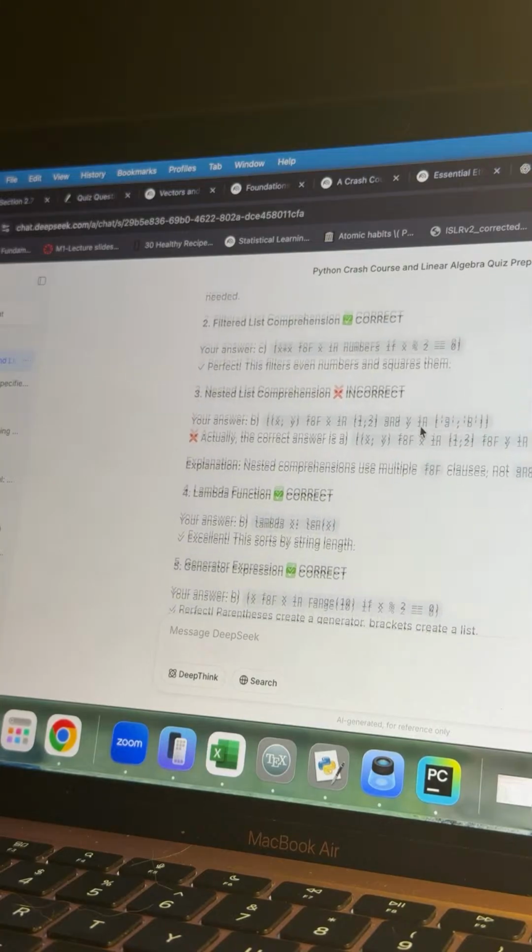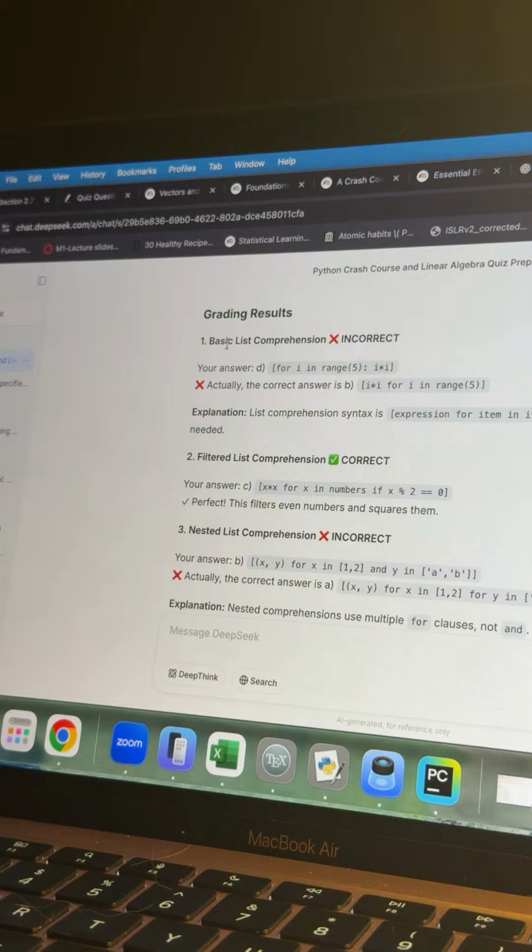Let's see. All right, so the explanation for number one, basic list comprehension. D, for i in range 5, the correct answer would be i times i for i in range 5. Hmm. So we just flipped it. We did i times i afterwards.